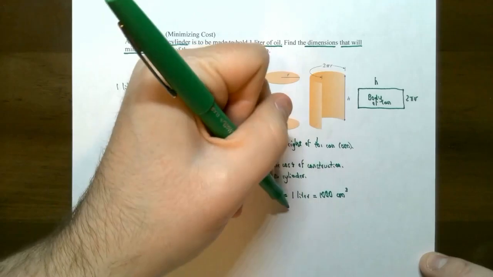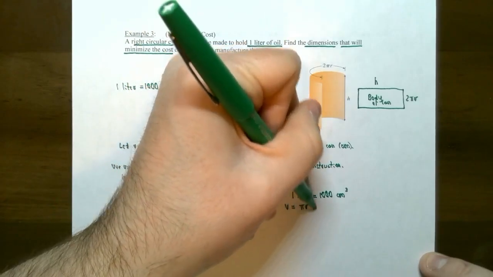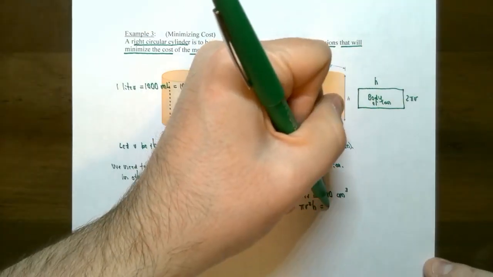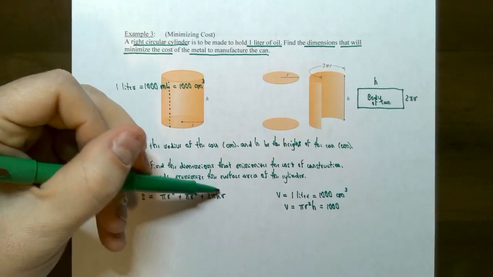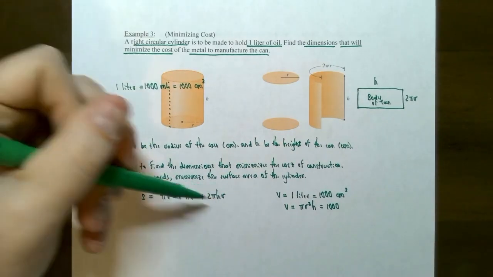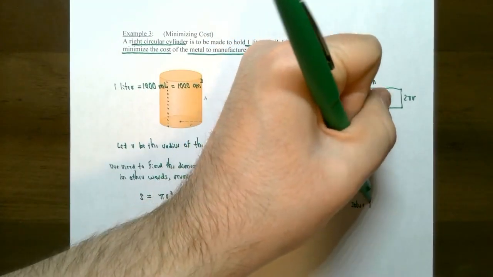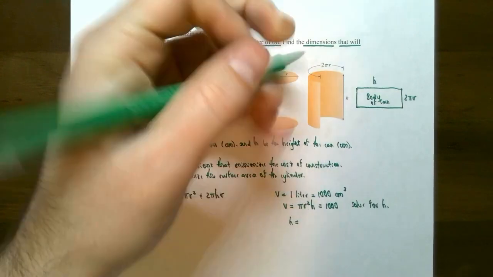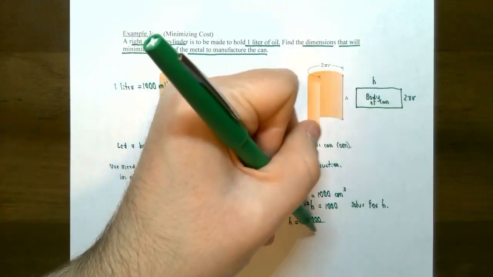The volume of a cylinder is pi r squared h, and this is equal to 1,000. It makes a lot more sense to replace the one h than replace the r several times. So solve this equation for h. That way h will be in terms of r, and it'll be 1,000 divided by pi r squared.